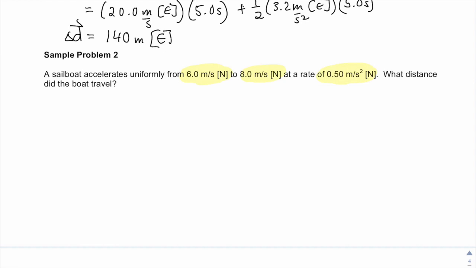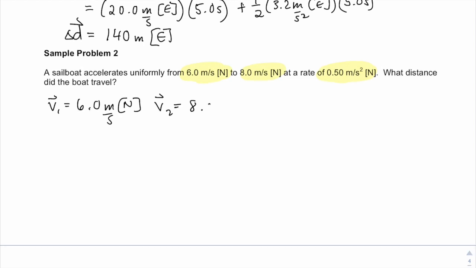Let's list these variables with the correct symbol. First, we are given the initial velocity of the sailboat, which is 6 meters per second north. Next, we are given the second velocity, or final velocity, which is 8 meters per second north.